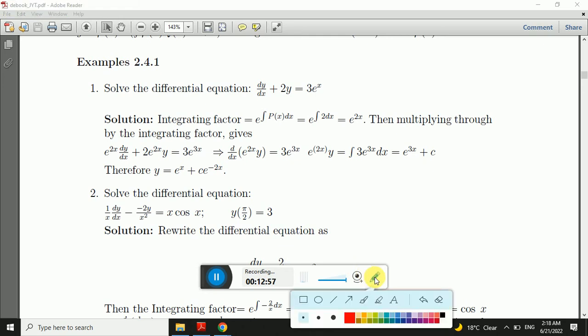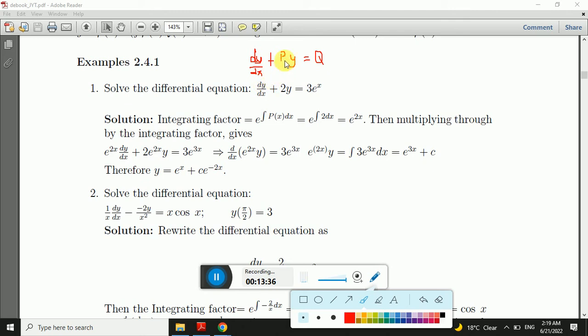So this is a first order linear differential equation because we have this form: dy over dx plus p of x times y equaling q of x. Okay, remember we said that this p can be a function of x. The same applies to q, or they can be constants.